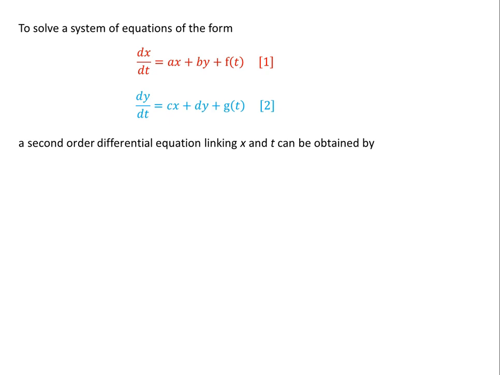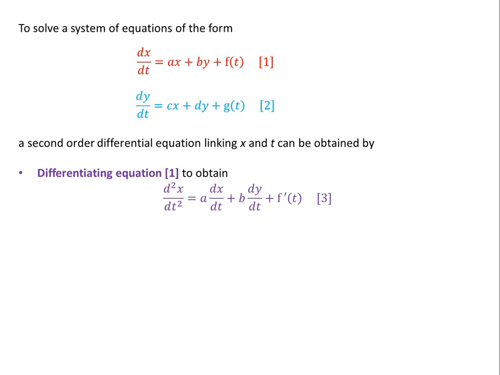To set up the second order differential equation that links x and t with no mention of y, we start by differentiating the first equation to obtain d2x by dt squared equals a dx by dt plus b dy by dt plus the derivative of f.